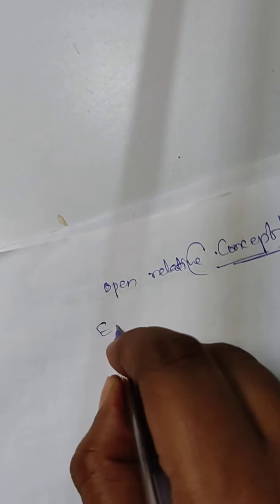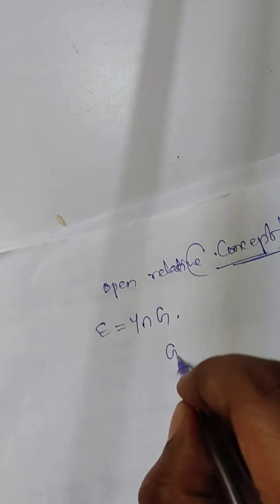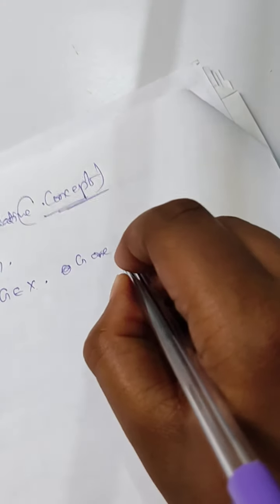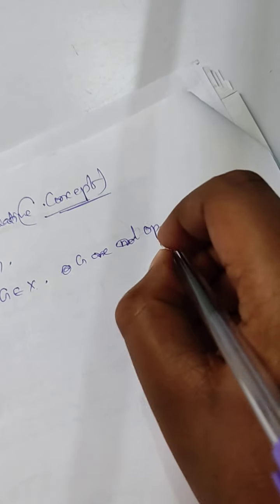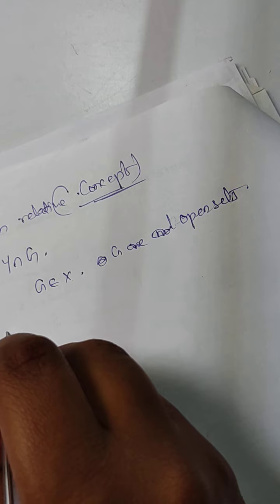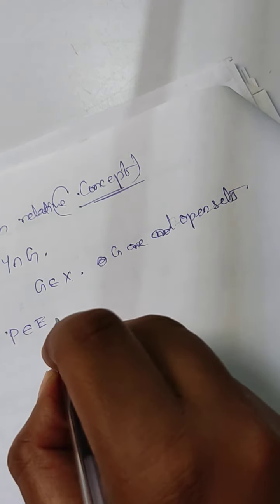That is, E is equal to Y intersection G. We know that G belongs to X. Open sets G are nothing but open sets. Now we are saying that there is a P. There is P belongs to E. That implies P belongs to G.